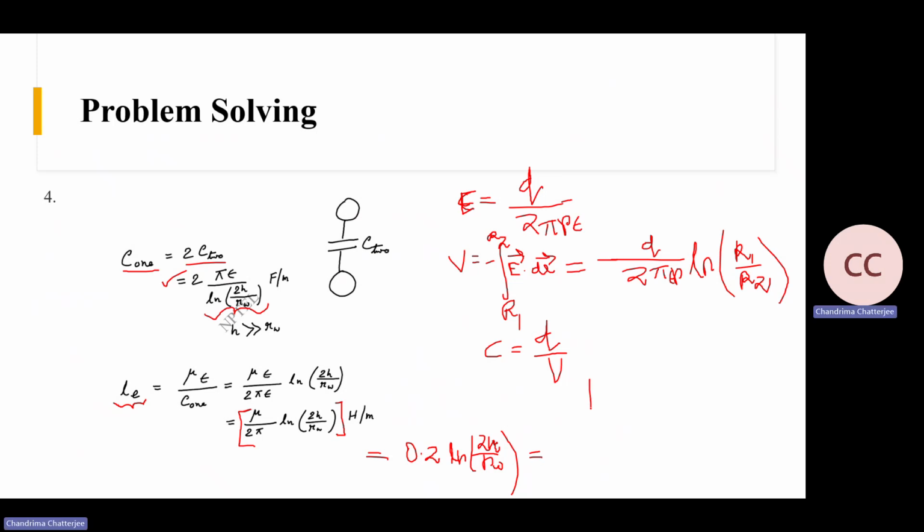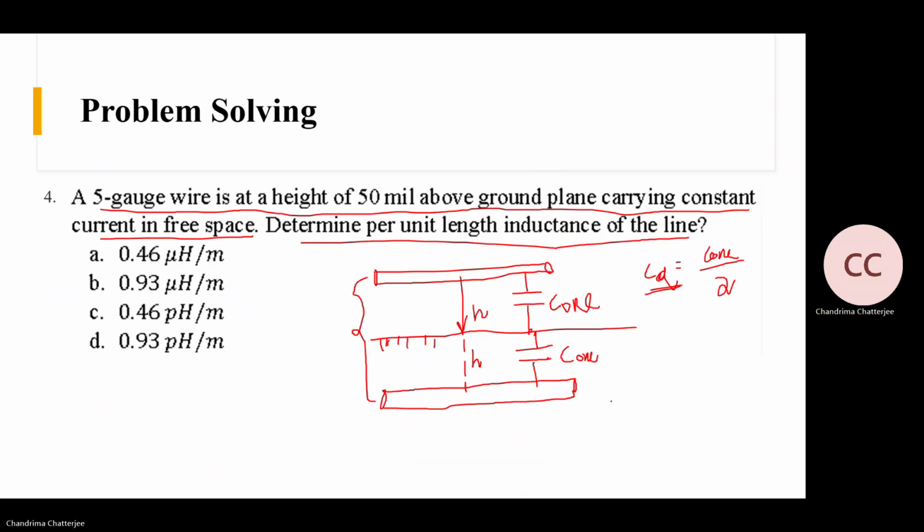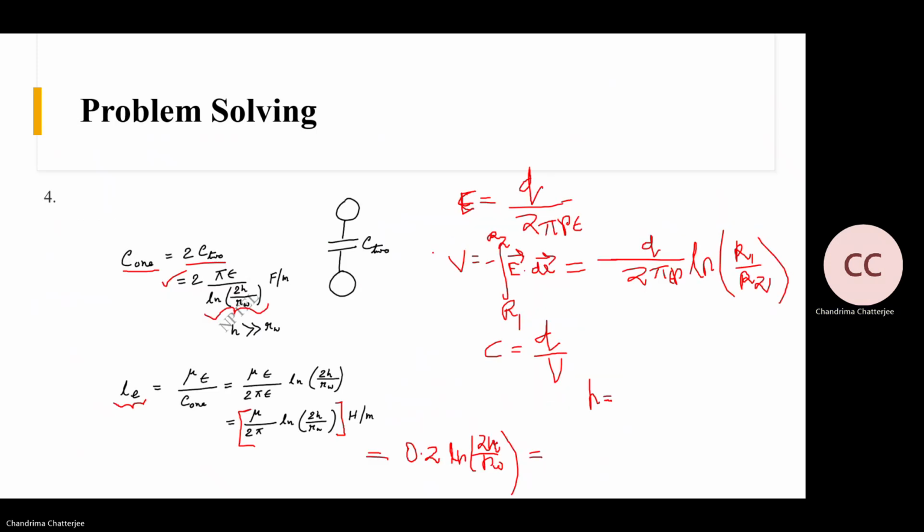What is h? h is equal to 50 mil. So 2h is 100, then 0.001 times 2.54.